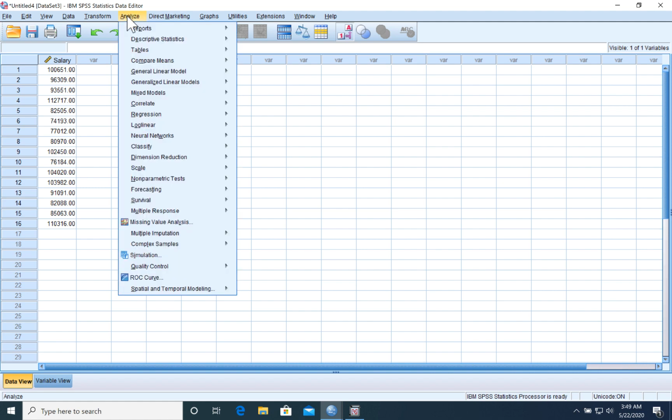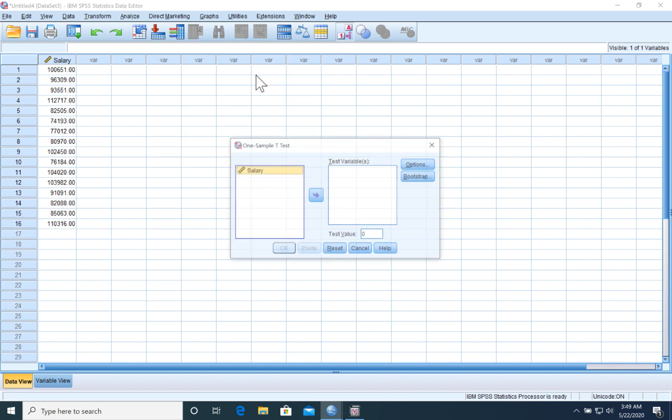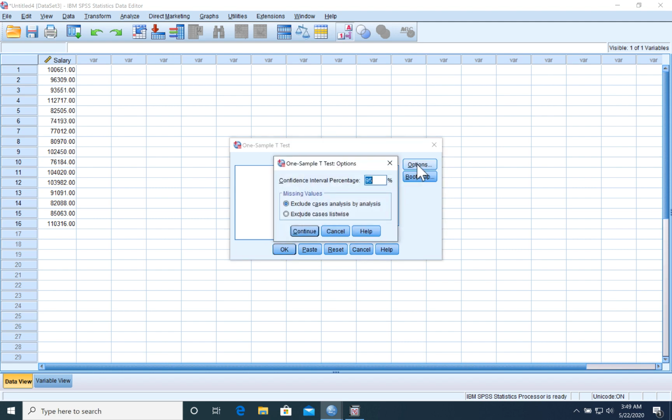Let's go to analyze. We'll go to compare means, one sample t-test. It goes here. And the test value was 98,000. So we enter 98,000.